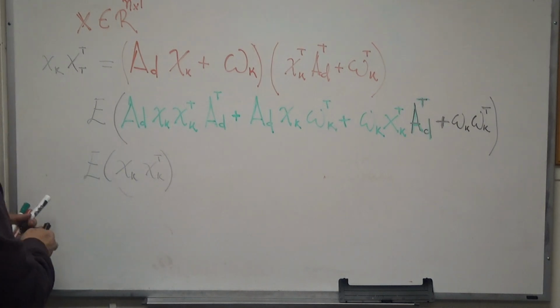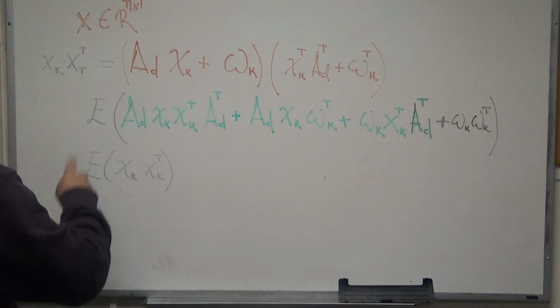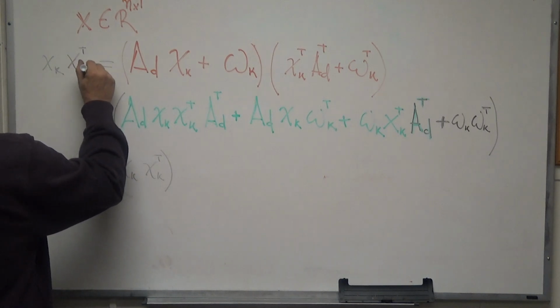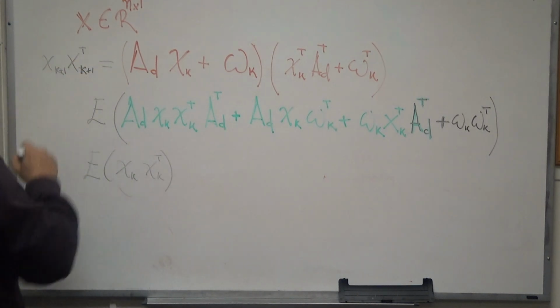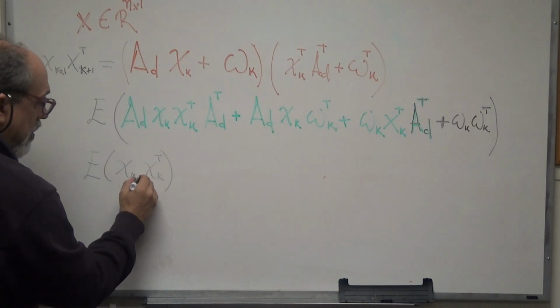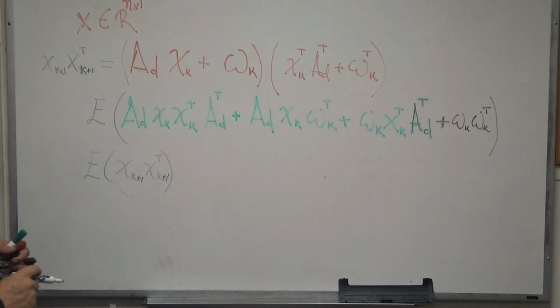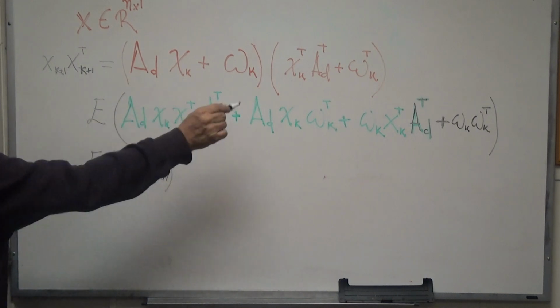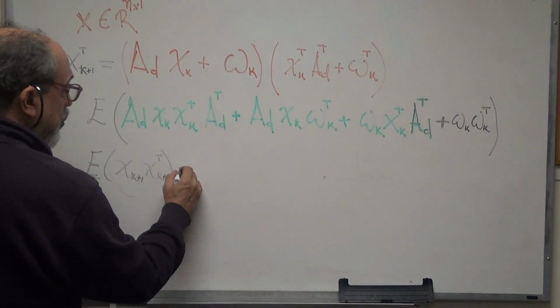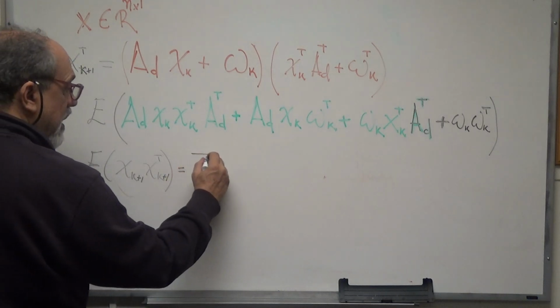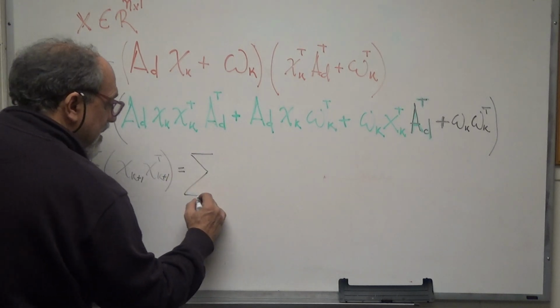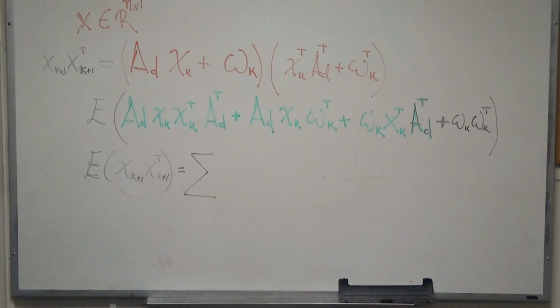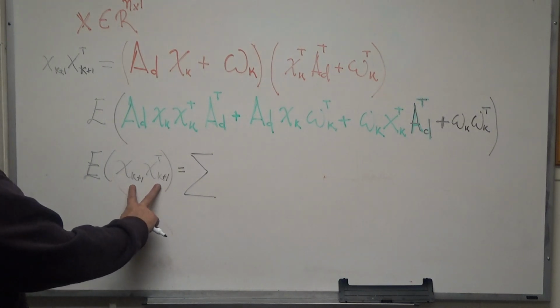To be really precise, this is xk plus 1 times xk plus 1 transpose. So the expectation of that is this. We're going to call that sigma, capital sigma. That is the covariance of the state at k plus 1.